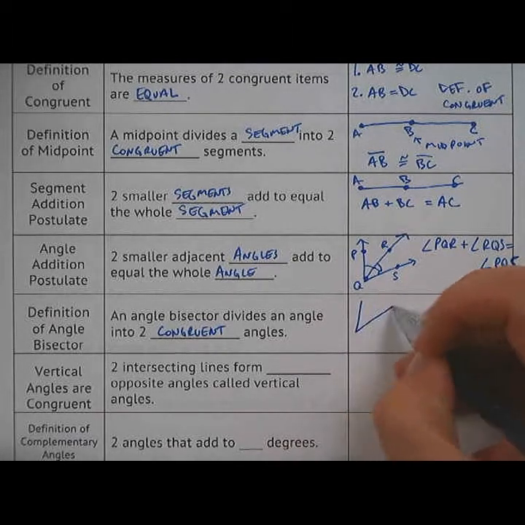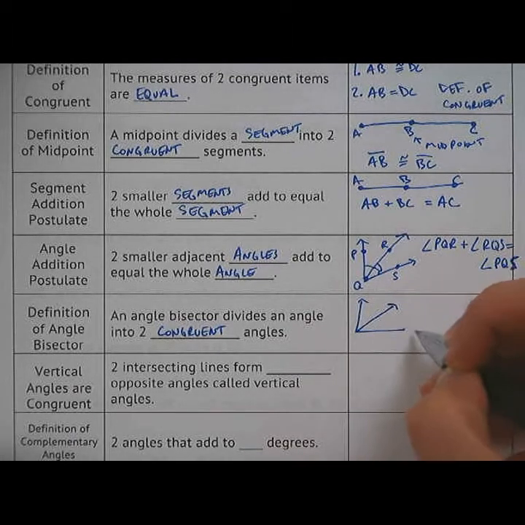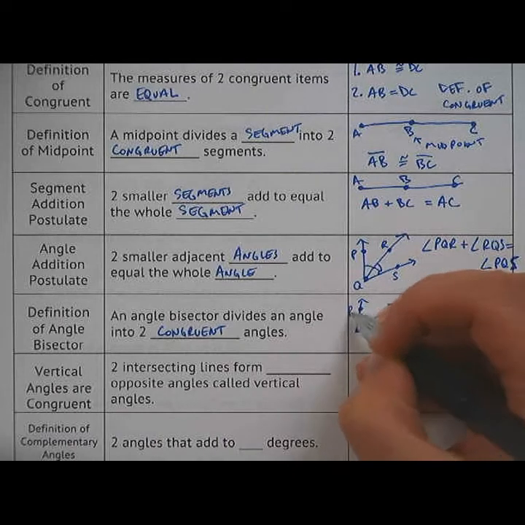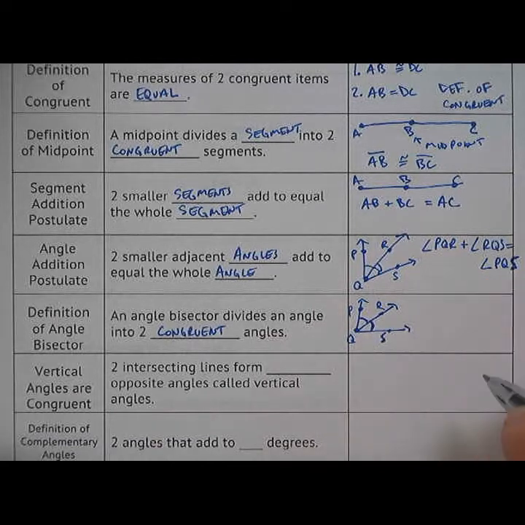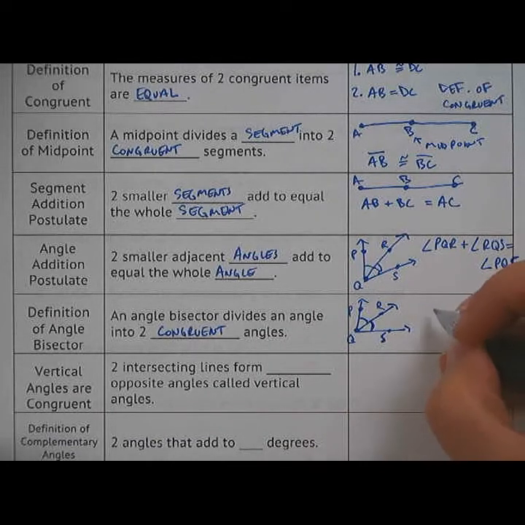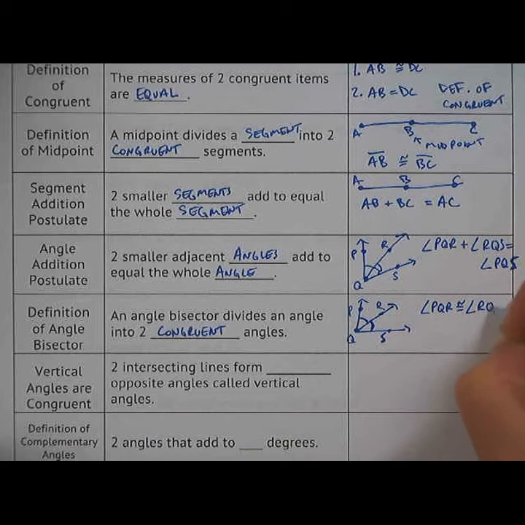So just like same kind of picture here, if we had P, Q, R, and S. So it cuts it into two equal congruent angles. So these angles are both the same. So we'd see something like angle PQR is congruent to angle RQS. Okay, so that's an angle bisector. That's what it tells us.